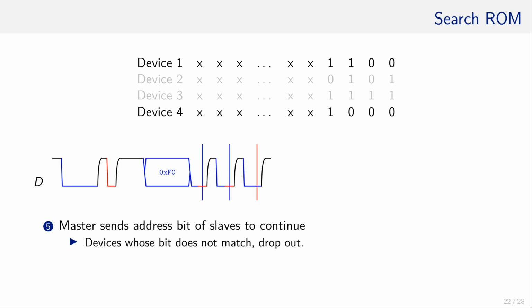In this case, it is a 0. All slaves read the third value. Those slaves whose bit does not equal this red value drop out of the communication and do not participate in the search ROM command sequence anymore, but remain silent till the command sequence completed.